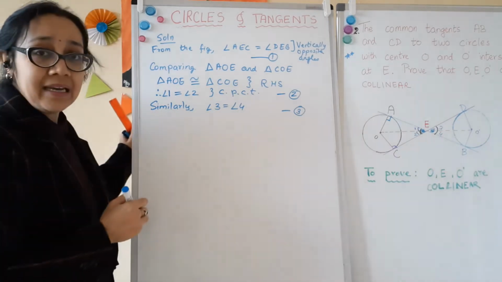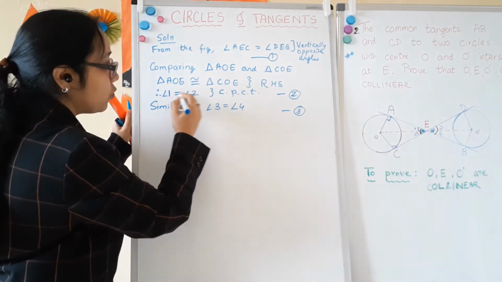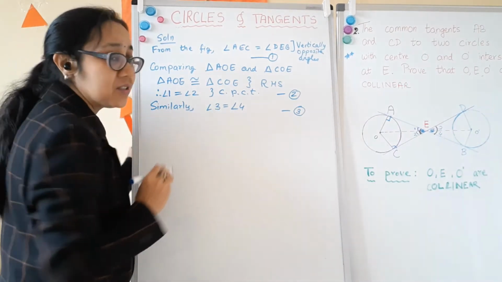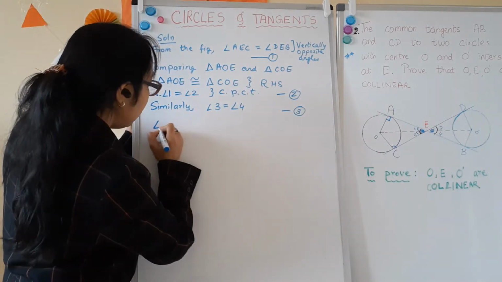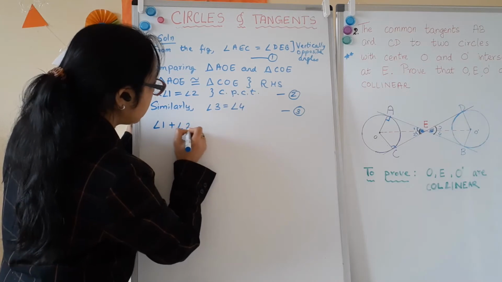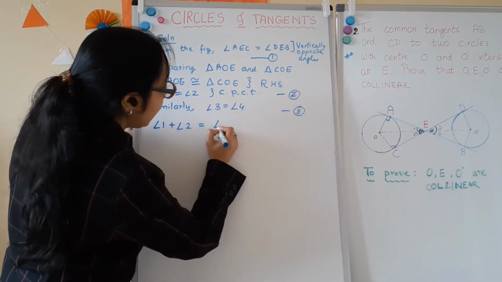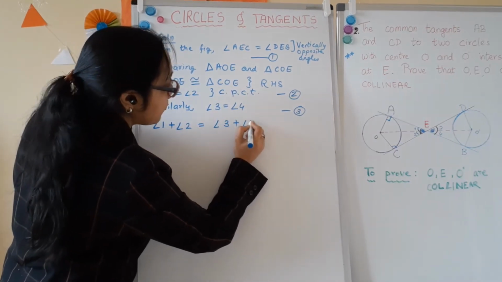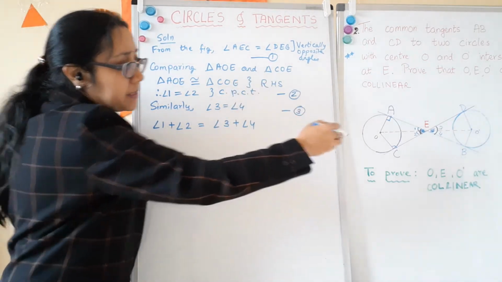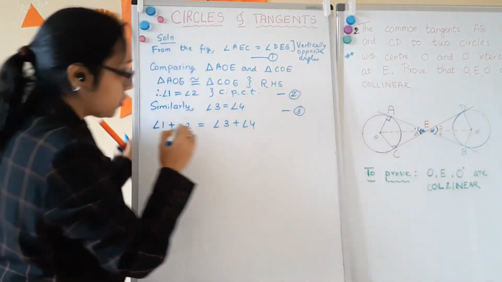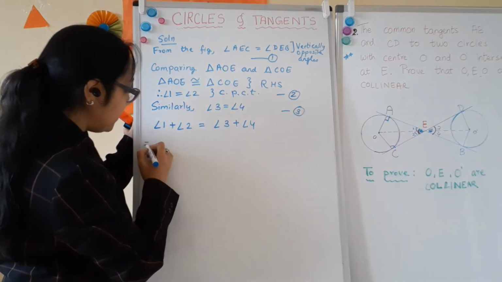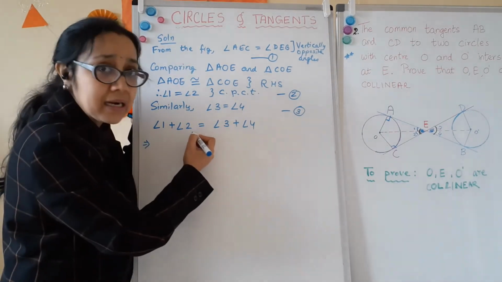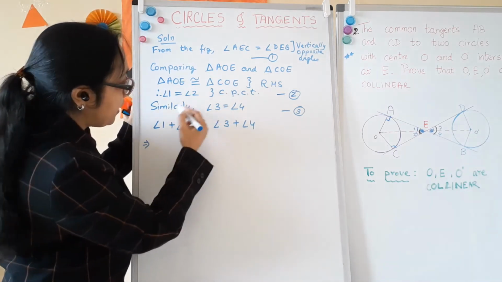What can you say? Since angle 1 is equal to angle 2 and angle 3 is equal to angle 4, we can write angle 1 plus angle 2 will be equal to angle 3 plus angle 4, because they are vertically opposite angles, these two are already equal. Now angle 1 is equal to angle 2, we have already proved.